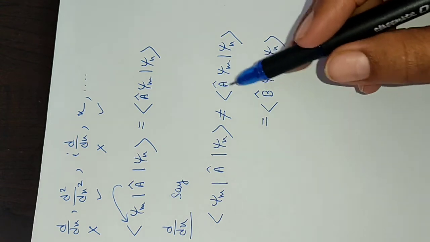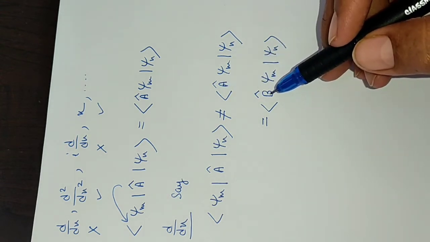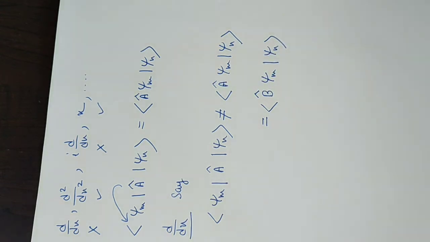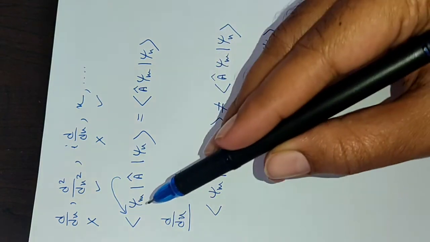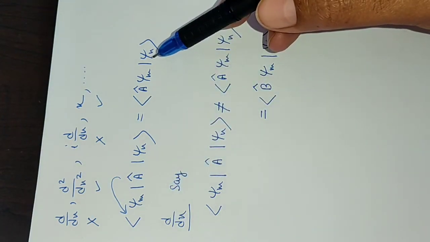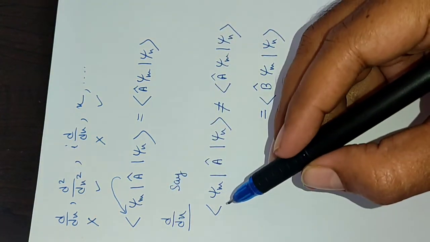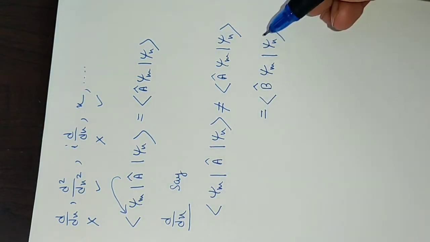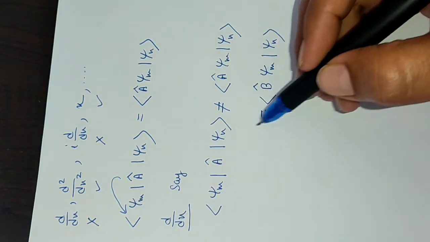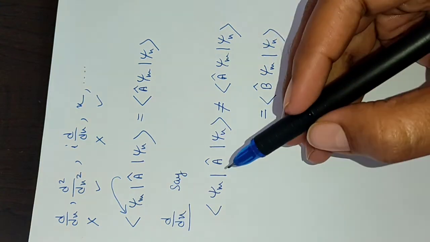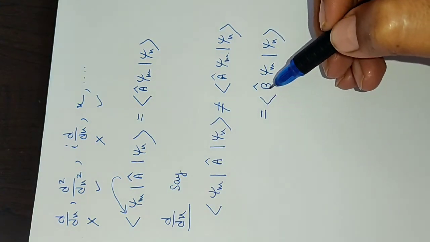Another form of operator is coming out, and we are writing it as B. If we look at this equation, we will notice that it has a similar appearance, but A is not coming here.